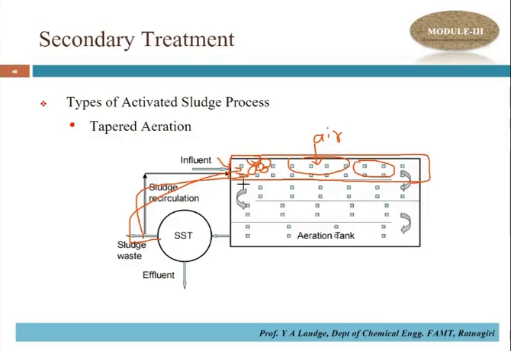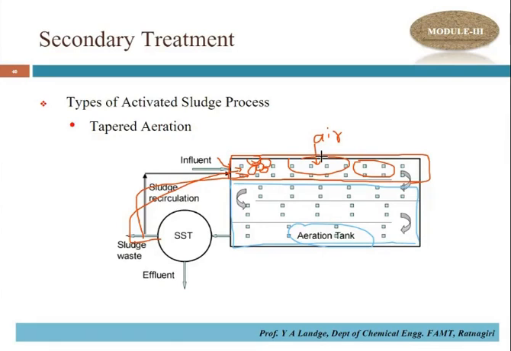So this is the remaining portion, where the aeration is taking place. We call this tank the aeration tank, and this the adsorption tank, where the organic matter gets adsorbed on the sludge.